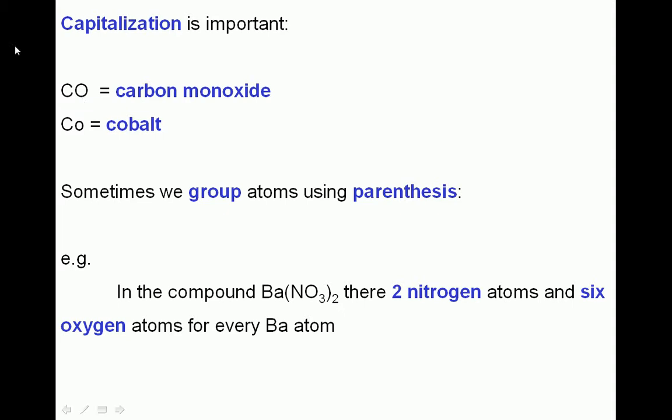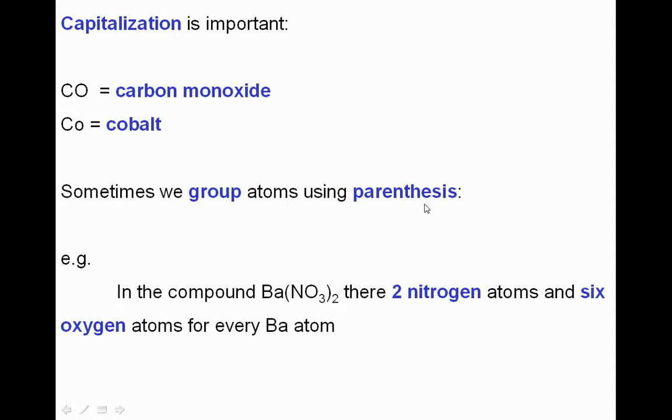Whereas the symbol for cobalt is an uppercase C followed by a lowercase o. This indicates the element cobalt. So we have to be very cautious that we don't get our capitalization wrong.